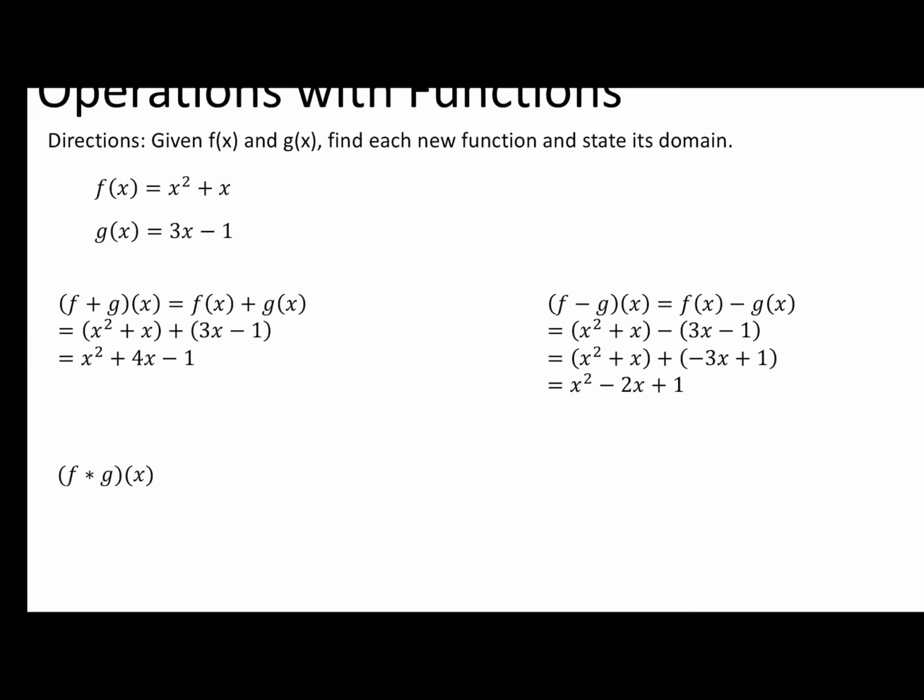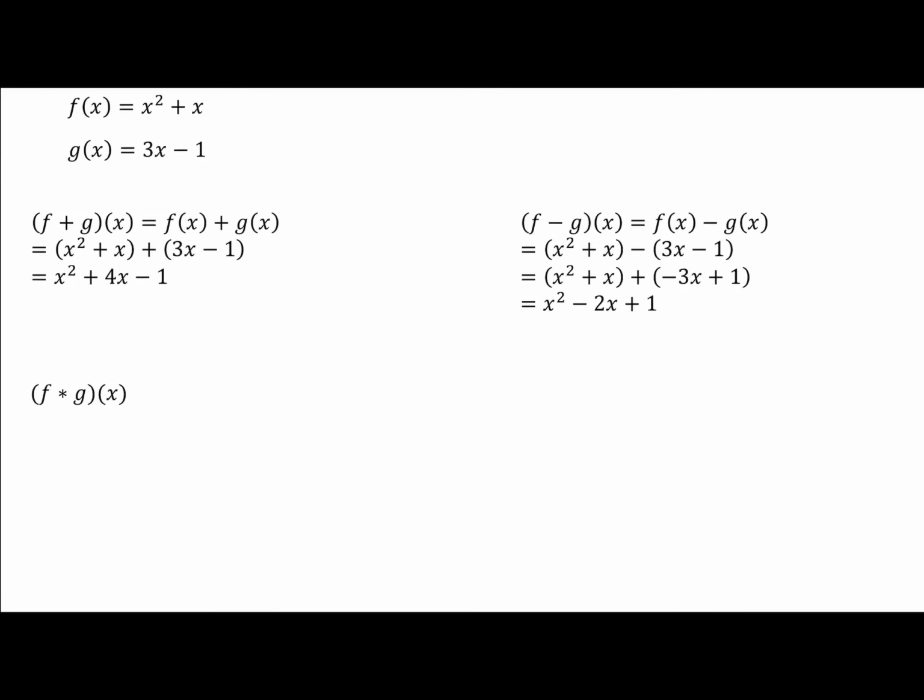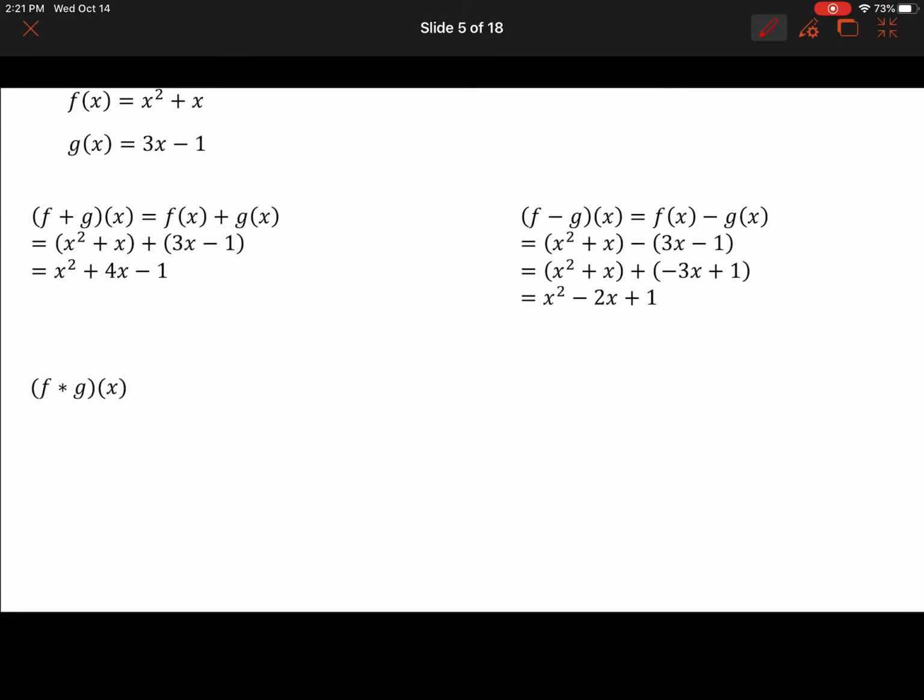Here's a new one down here, using the same f of x and g of x once again, but this time it's multiplication. So again, this is the same as f of x times g of x. And our composition is going to look very similar to this, but just know that's a dot. Multiplication is a dot. F of x, let's plug that in parentheses, so that's x squared plus x, and then my g of x is 3x minus 1.